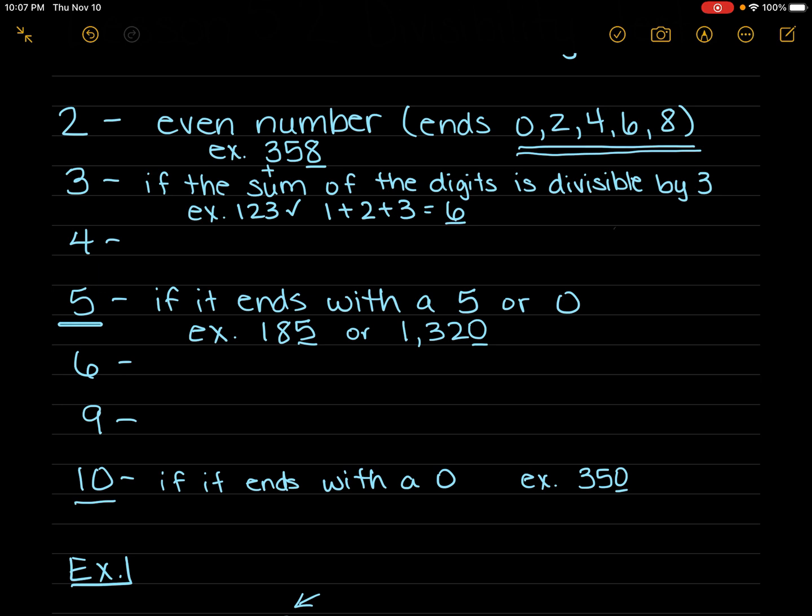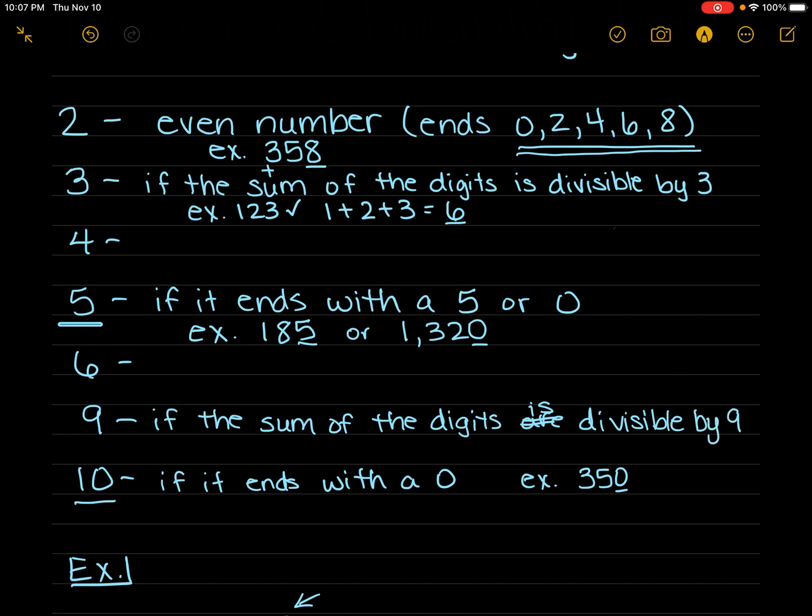Okay? Let's do 9. Down here. This one is similar to 3. It says if the sum of the digits is divisible by 9. I'm sorry, I said that wrong.